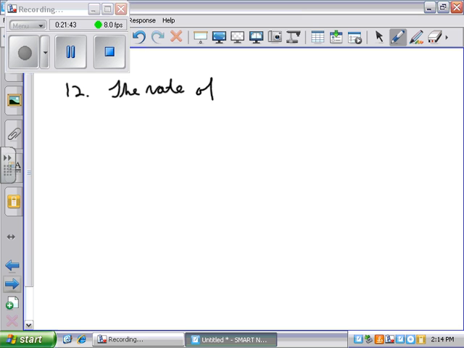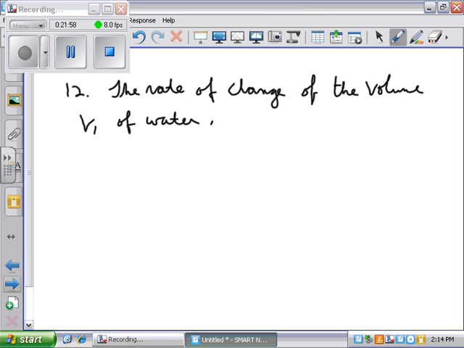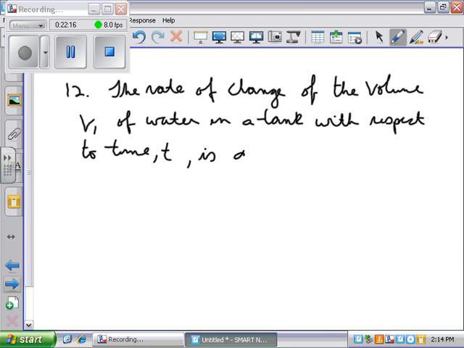The rate of change of the volume of water in a tank with respect to time t is directly proportional to the square root of the volume.